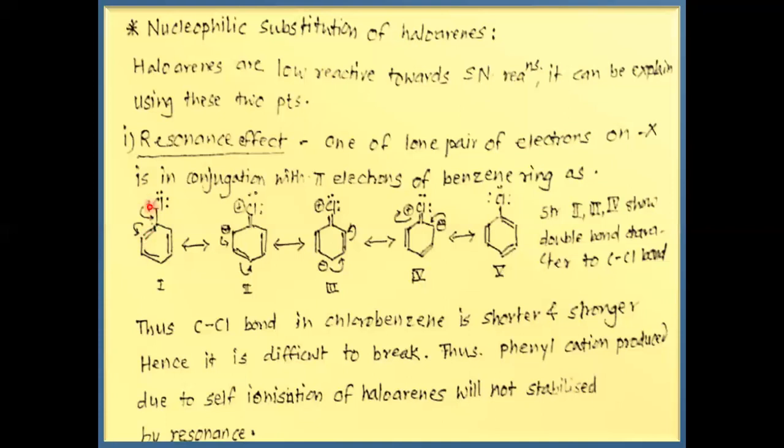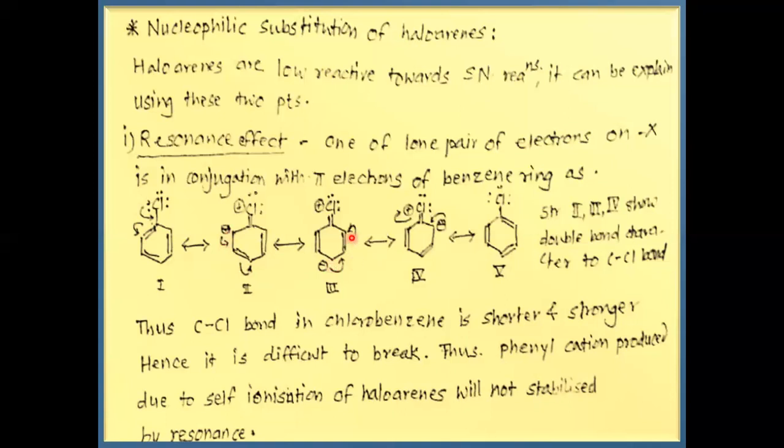Now here this electron pair on halogen is also having conjugation. So this electron pair goes here, it forms a double bond, and here on chlorine a positive charge will be there, and this pi electron goes here to give a negative charge. Two electrons, both electrons means one negative charge. Again, resonance takes place this way and the negative charge shifts over here.